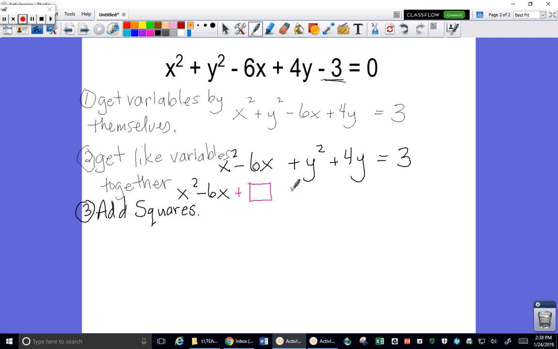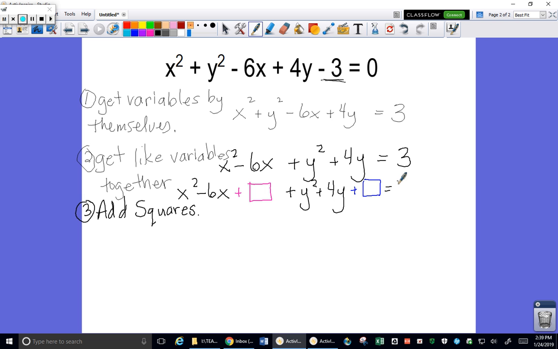And then I continue on with my y stuff, so plus y squared plus 4y. And it also gets a box added to it. And that needs to equal 3.